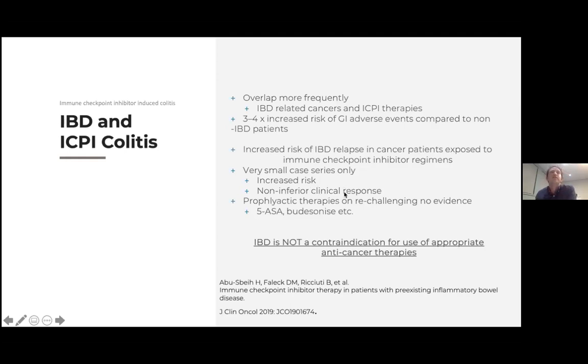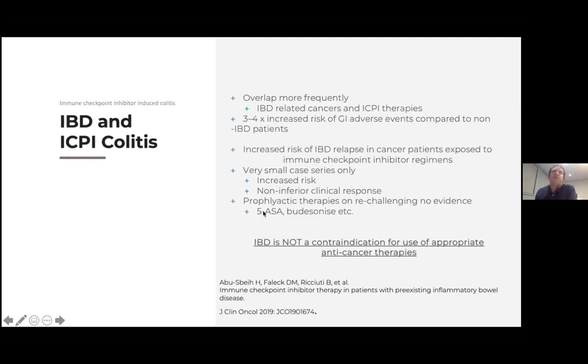But interestingly enough, when patients flare from an IBD perspective when they're on checkpoint inhibitors, they don't appear to have a worse clinical response to escalation in therapies compared to matched cohorts. And the opposite of that is also true. Although their risk of adverse events is worse, step-up therapies do not seem to be inferior.